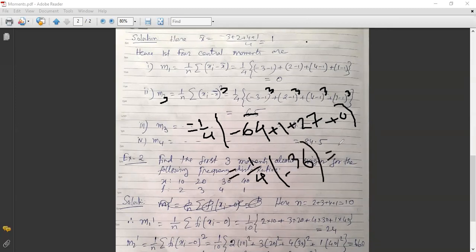Moment will never be negative, so you apply the mod symbol. So you get the 9.